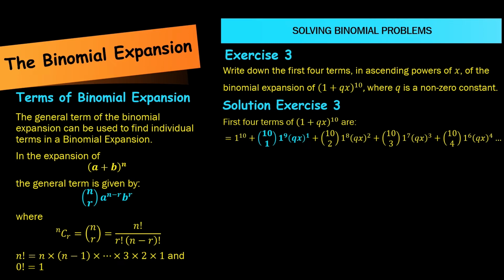We've simply substituted the values into the formula for the general term. And again, the x squared term, the x cubed term, and the x to the fourth term. Notice that here n is equal to 10 and r is increasing progressively from 1 all the way up to 4.